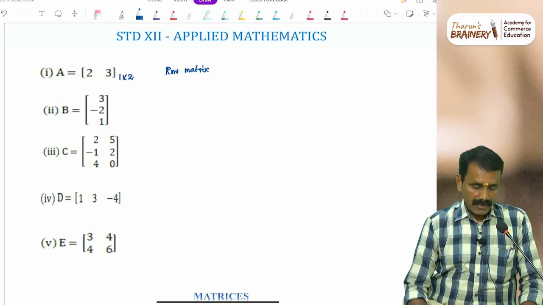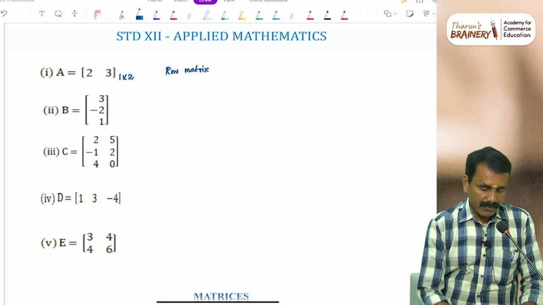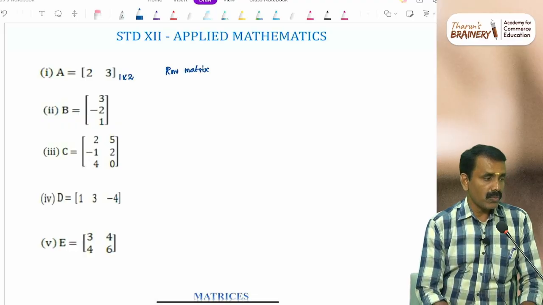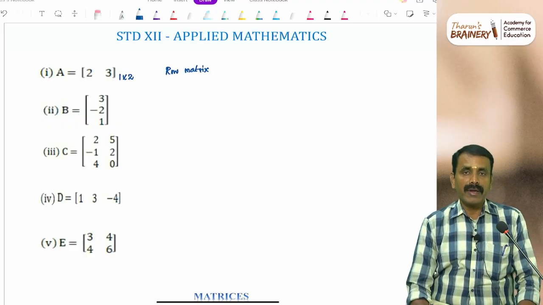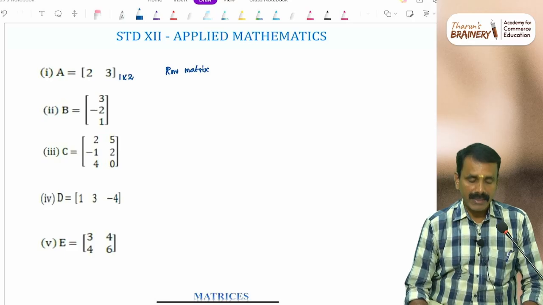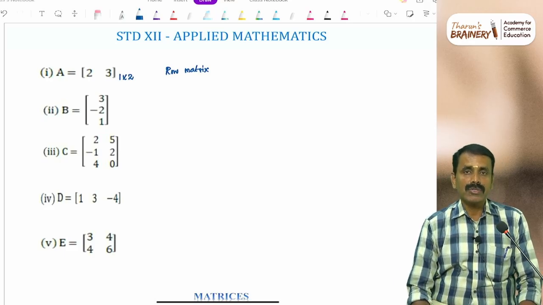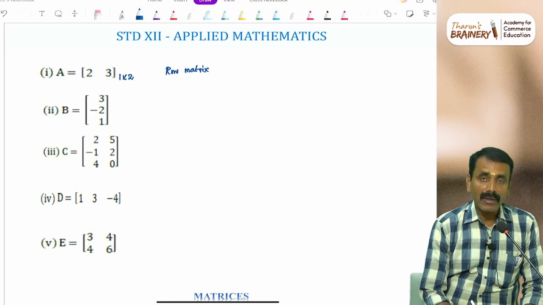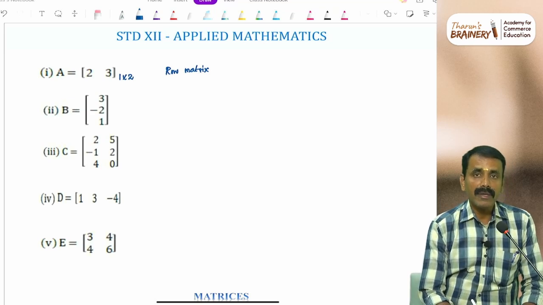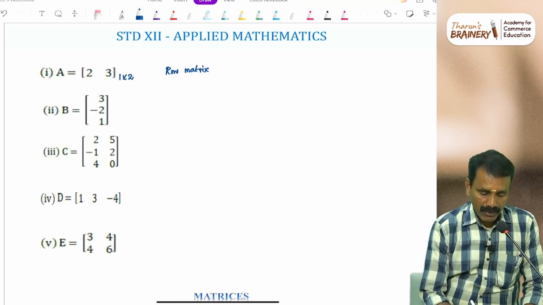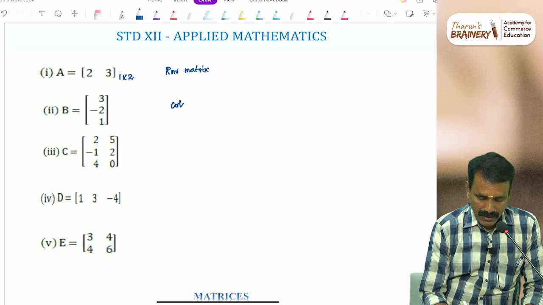Second one, B matrix is equal to 3, minus 2, 1. Now, we are supposed to find the type of the matrix and also the order of the matrix. Now, tell me what is the type of the matrix? 3, minus 2, 1. It is going to have only one column. Because it is going to contain only one column, it is going to be termed as a column matrix.